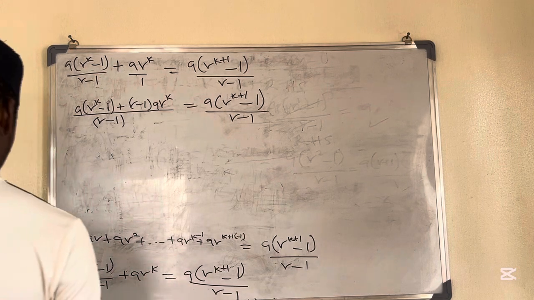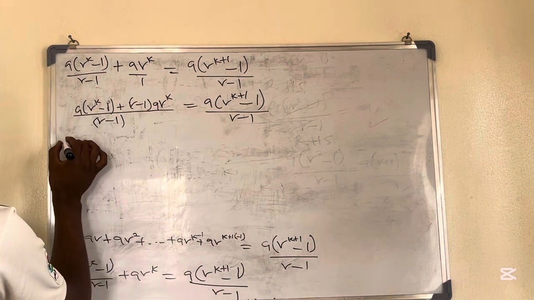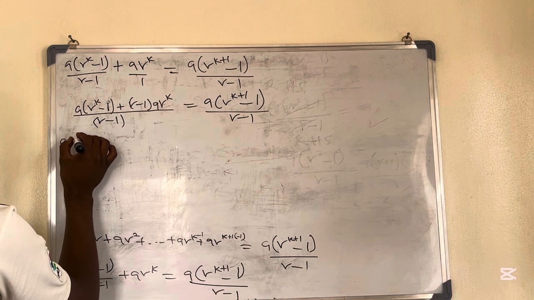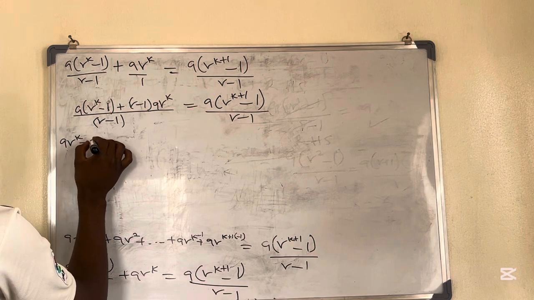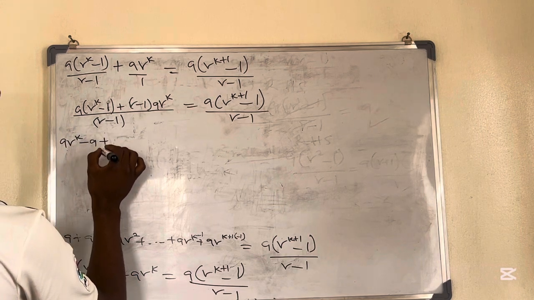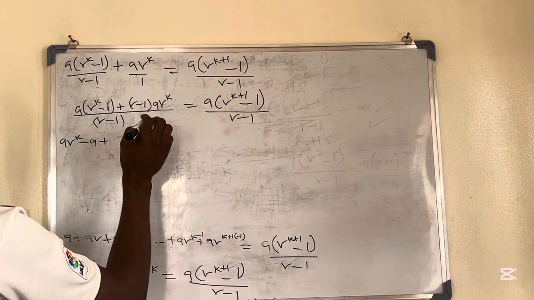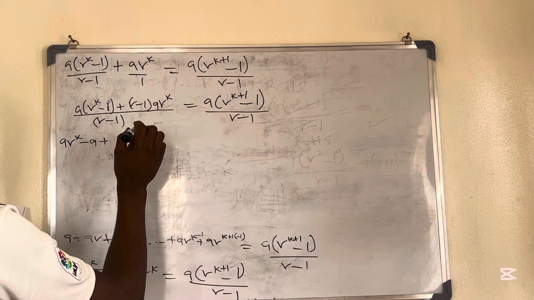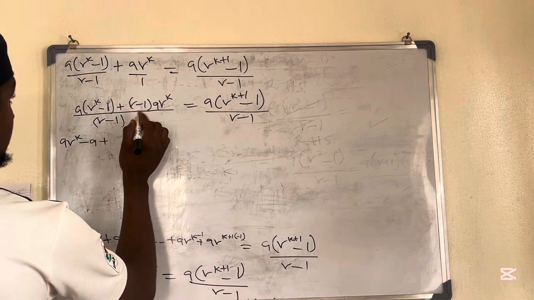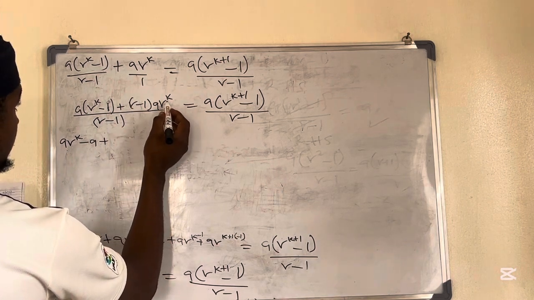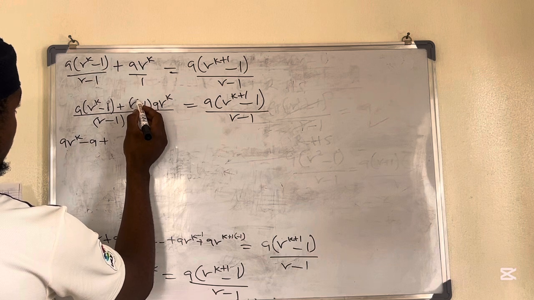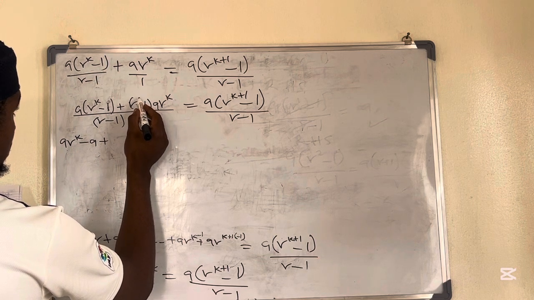We have a r^k minus a, plus r times a r^k.